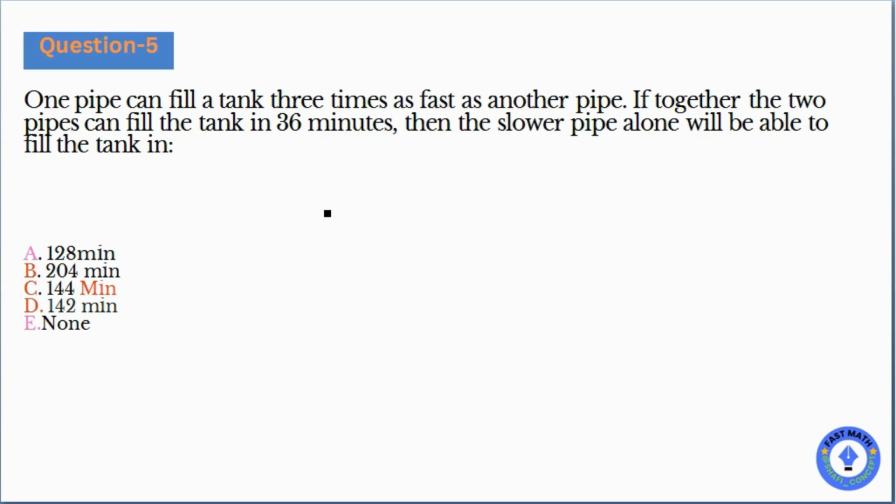One pipe can fill a tank 3 times as fast as another pipe. That means there are two pipes filling the tank, A and B, whatever they may be, but one tap has 3 times the efficiency.